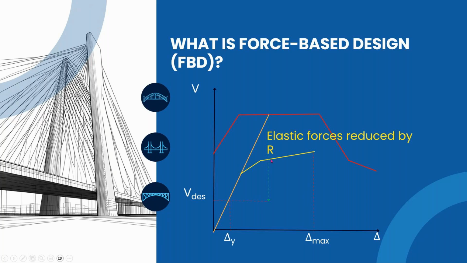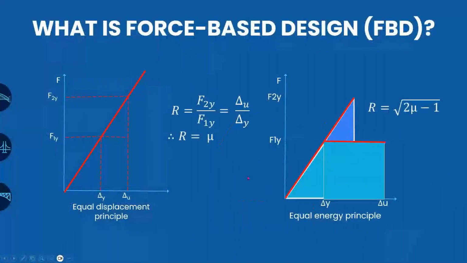This response reduction factor R is somewhat of a theoretical concept that we have introduced. So how do we calculate this response reduction factor R? The calculation of R is primarily based on two principles, the equal displacement principle and the equal energy principle.